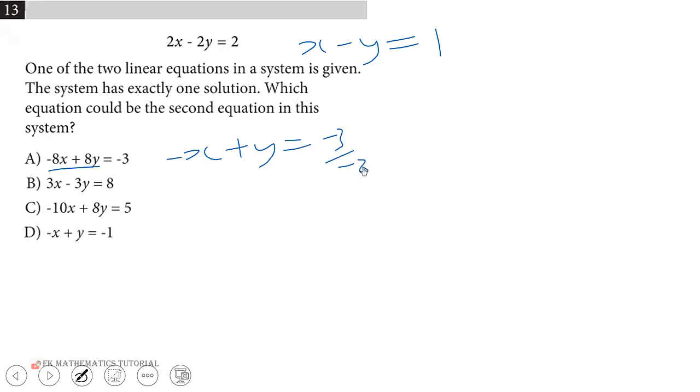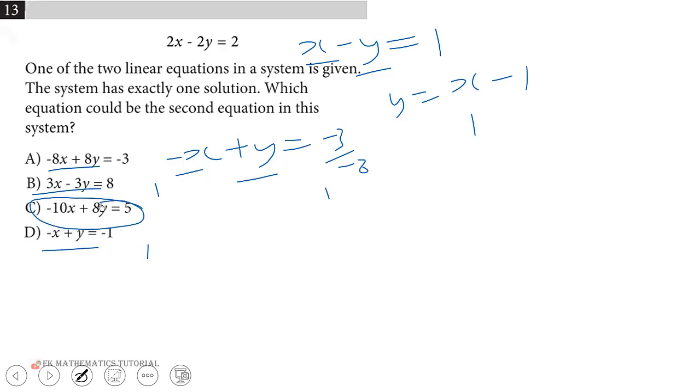Because this and this will have the same gradient, y equals x minus 1, the gradient will be 1. This also has a gradient of 1, and this also, and this one too. The only one that will not have a gradient of 1 is this. So to have a unique solution, the correct answer is supposed to be negative 10x plus 8y equals 5. That will give a unique solution with this equation.